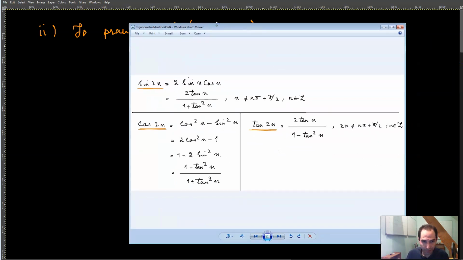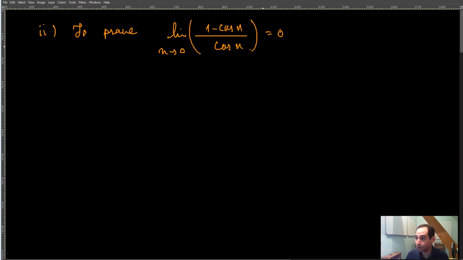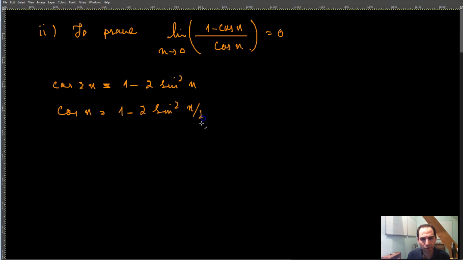So you know that cos of 2x is equal to 1 minus 2 times sine squared x, which means that cos of x is going to be, for half of this angle, 1 minus 2 times sine squared of x divided by 2.